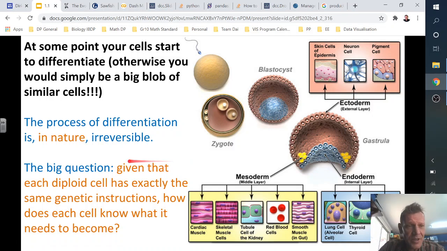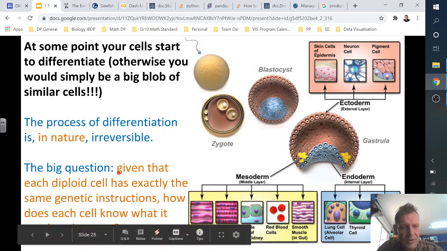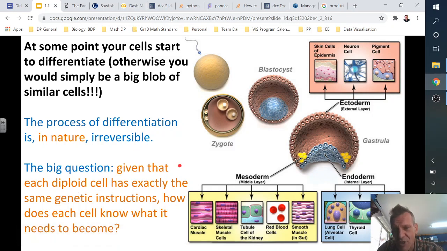Now, one big question here, maybe I can talk about it a little bit later on. All of your cells have the same genetic information, because in mitosis the daughter cells are genetically completely identical. So how is it that a muscle cell knows it has to become a muscle cell, and a nerve cell a nerve cell?